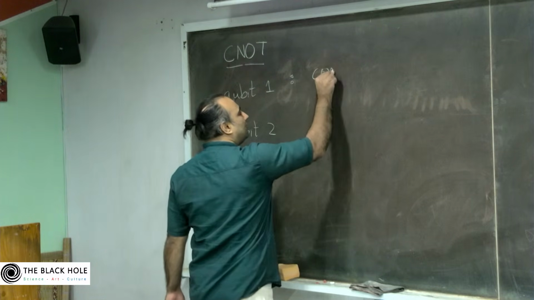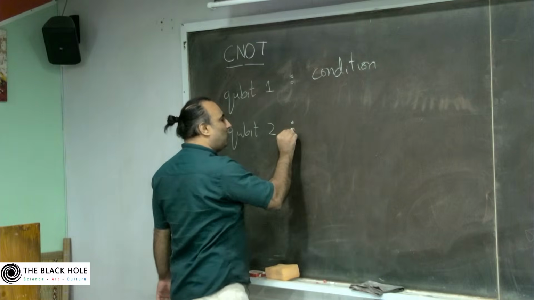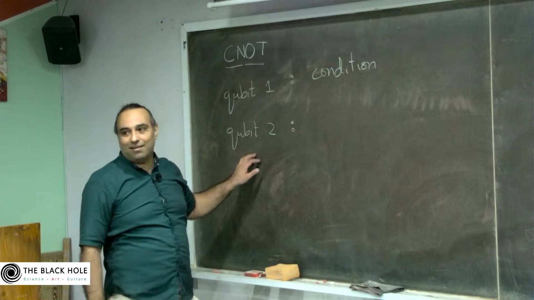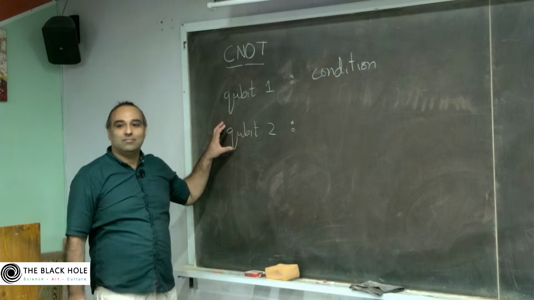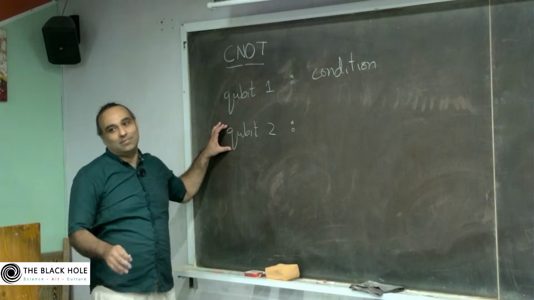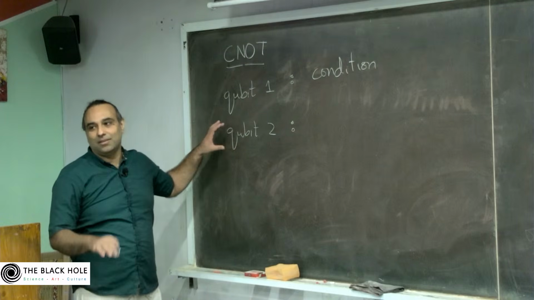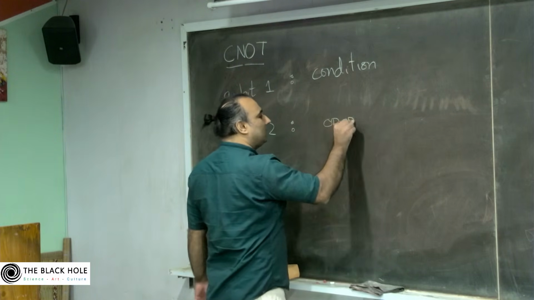And the operation will actually be performed on the state of qubit 2. So in that sense, it's a 1 qubit operation, but since it's conditioned on the state of the other, actually it's 2 qubit.